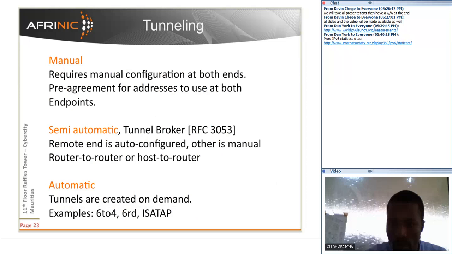Types of tunneling. There are different types of tunneling that, as I mentioned, would depend on the services that you offer, the kind of customers that you have, and what kind of business you are doing. For example, there's manual configuration, and each one has its different benefits. With manual configuration, you go and configure each tunnel manually. You put the source and destination tunnel IP addresses on both sides.